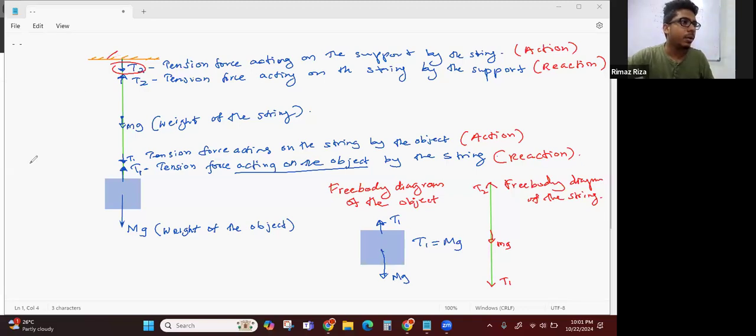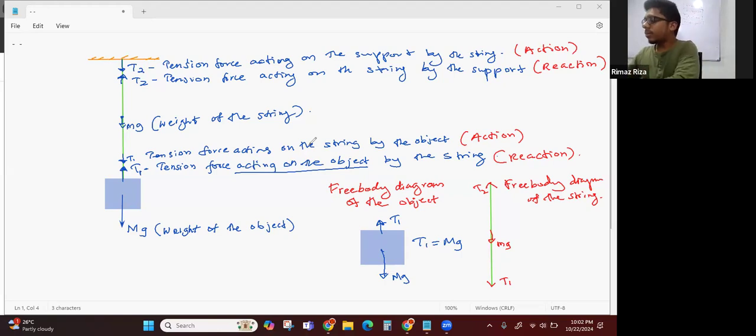So we are not going to mark that. It acts on the support. Understood? So a free body diagram means you have to mark all the forces acting on that particular object. Is that clear? Yes. Okay.